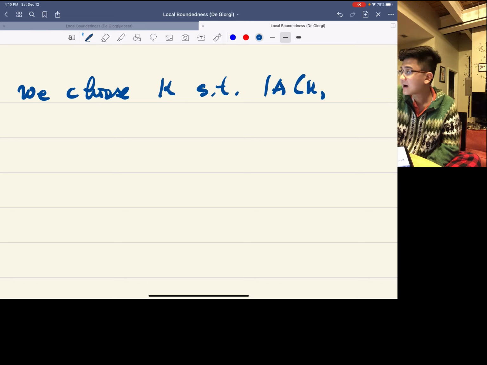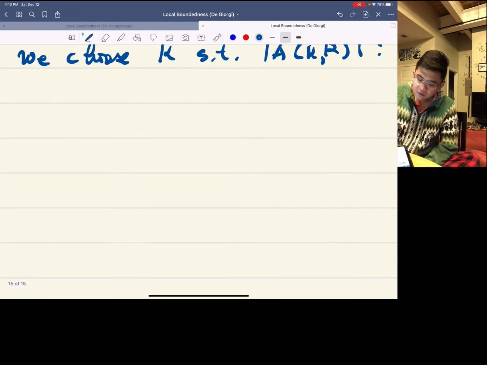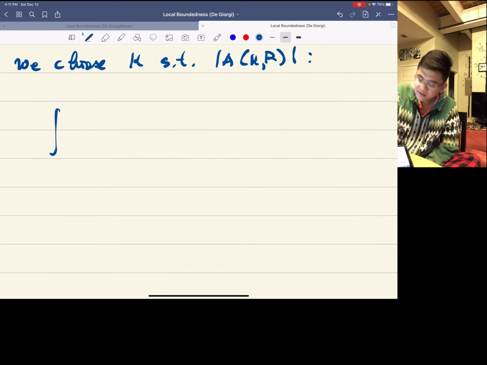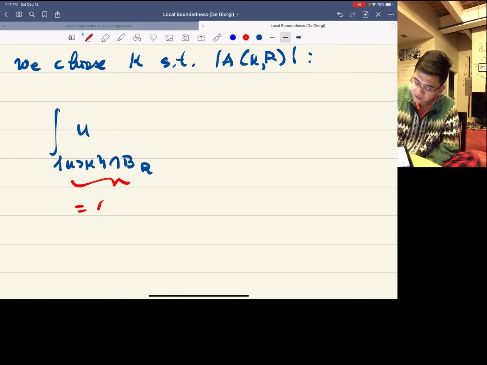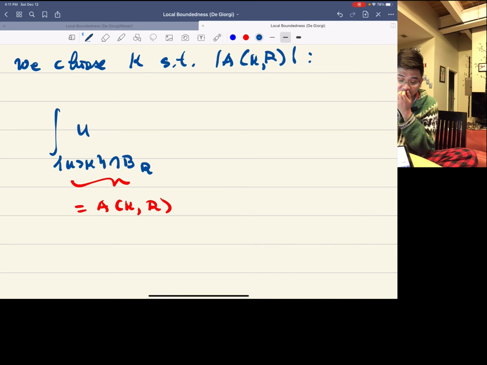And to do that, note that the integral of u over u bigger than k intersect B_R, note that this set is equal to A(k, R). So in this set, u is bigger than k. So this is bigger than k times the measure of this set, which is the measure of A(k, R).